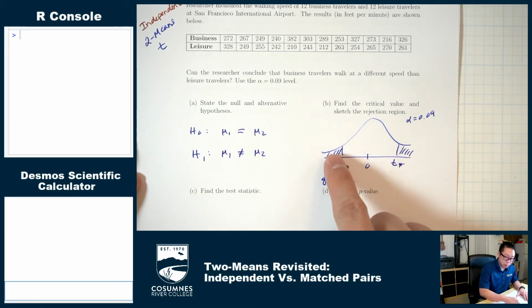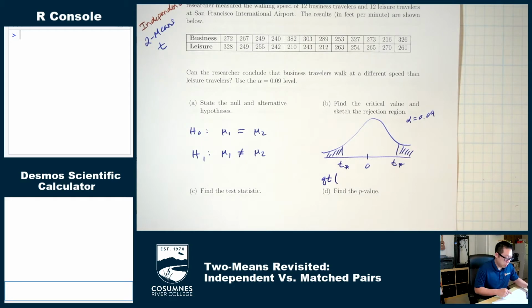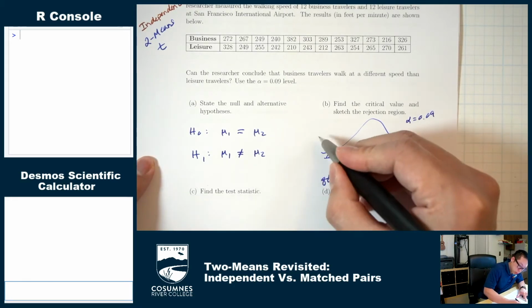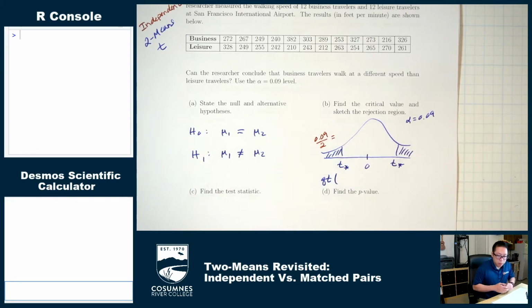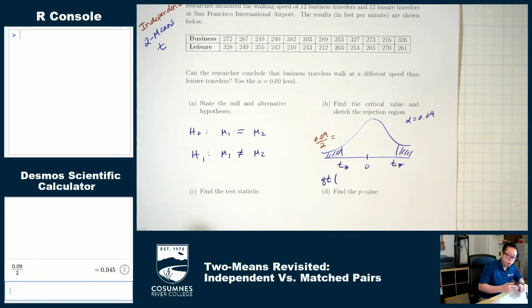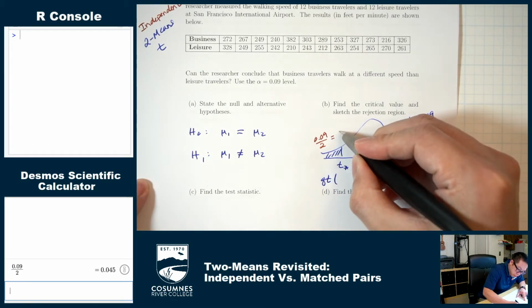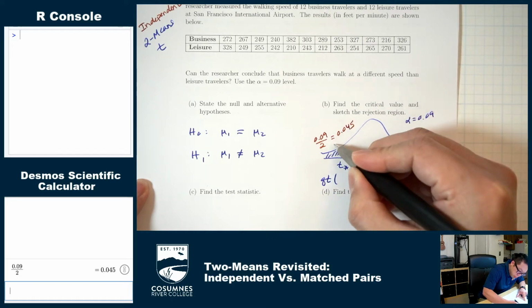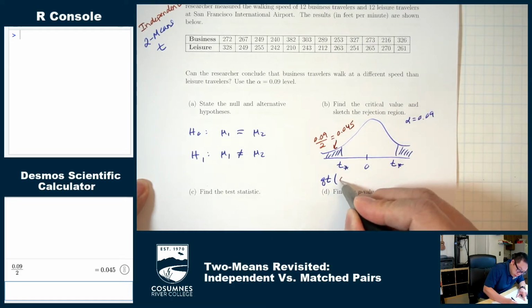If I just want the left, divide that by 2. So left alone is 0.09 divided by 2, which I think is 0.045. Yeah, 0.045.